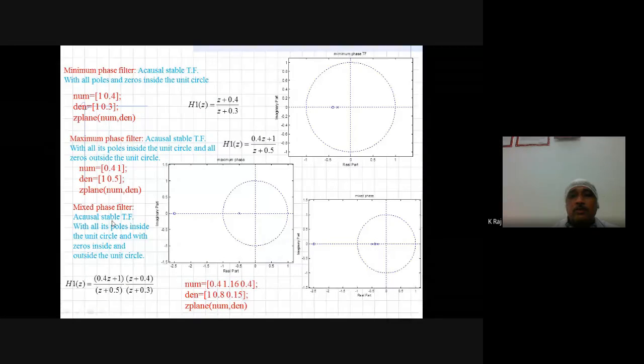A causal stable transfer function with all its poles inside the unit circle and with some zeros inside the unit circle and some outside the unit circle will be named as the mixed phase. All the poles are inside the unit circle, naturally that will be a causal and stable transfer function. But some zeros are outside the unit circle and some zeros are inside the unit circle, so it will be named as the mixed phase filter.